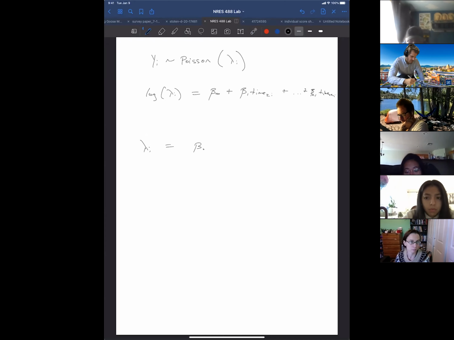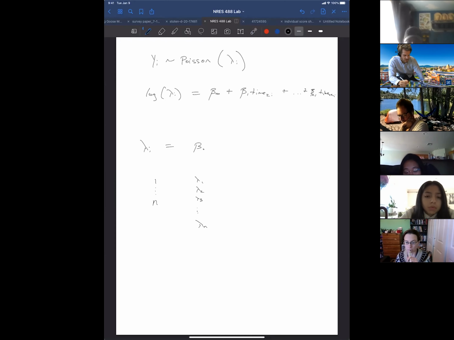Now you have 1 to n data points, right? So you can calculate lambda 1, lambda 2, lambda 3, all the way to lambda n. That's the expected value for each site.